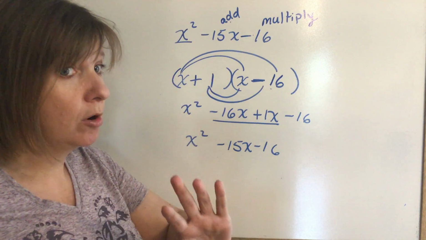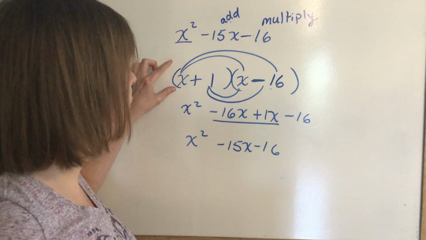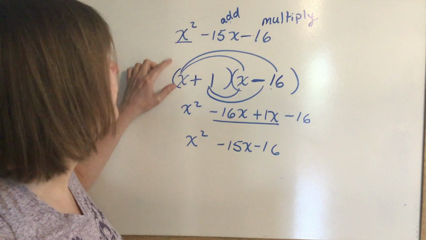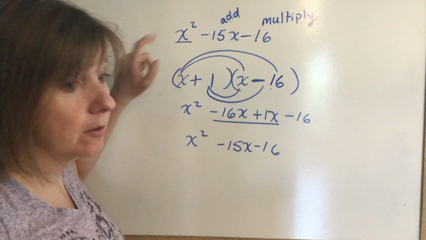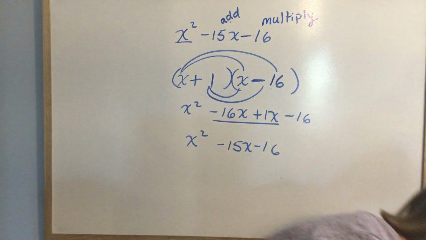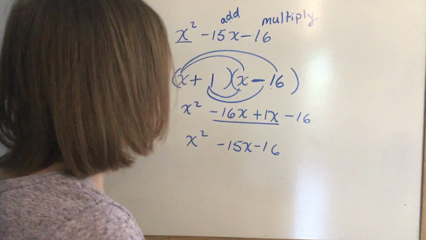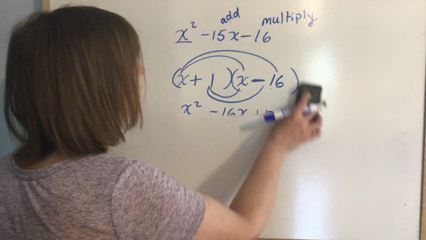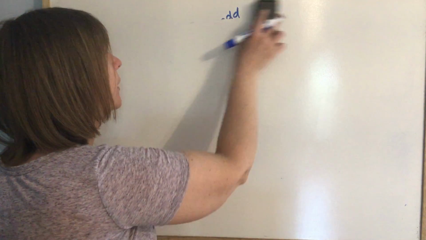It should always work that when you do FOIL with the two brackets you come up with, you end up with the thing that you started with. Now, some may not be factorable. You may not be able to break it apart into pieces. I am very clear about when that could happen.